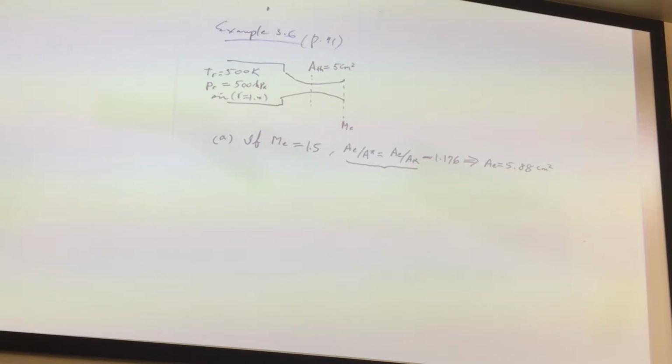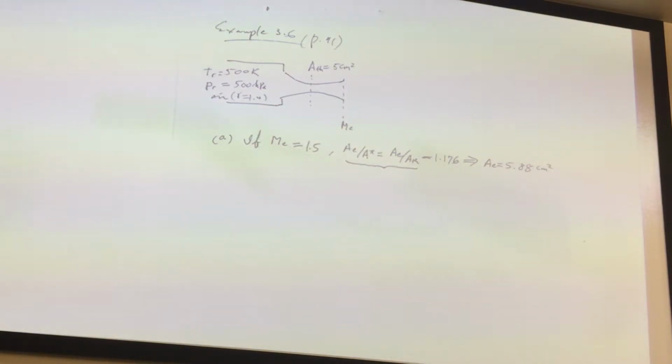That's counterintuitive, which is fine. But because it's 1.5, somewhere it must be sonic, otherwise you cannot have a supersonic flow coming out of a reservoir. So where would it be sonic? It can only be at the throat. So that means your A_th is equal to A star.